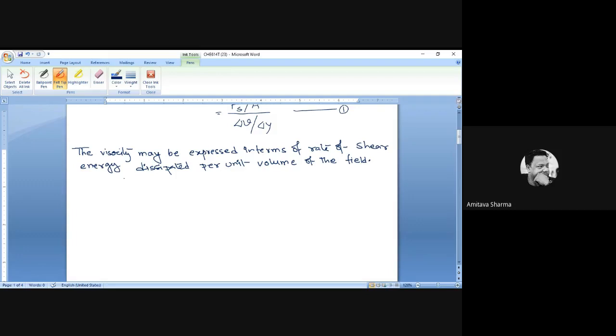This follows from the relation: I can write F by A into del V by del Y. I can write it as F by A, and del V I can write as del X by del T, the displacement.